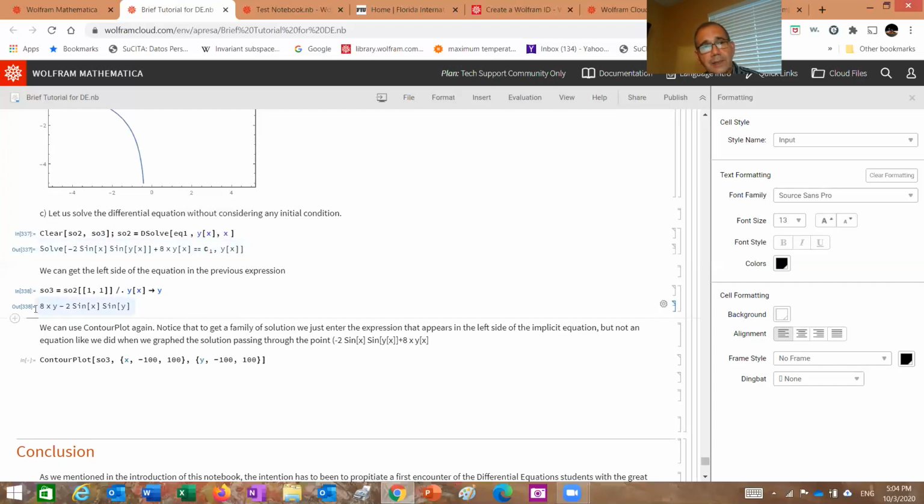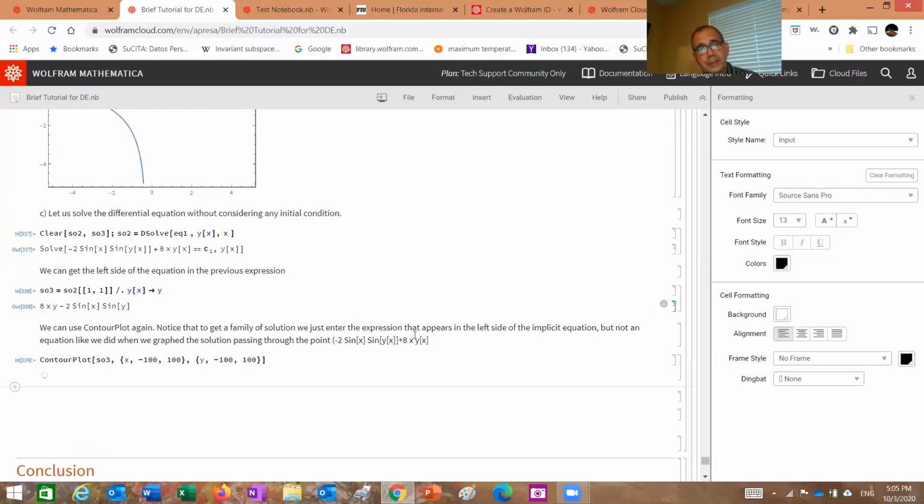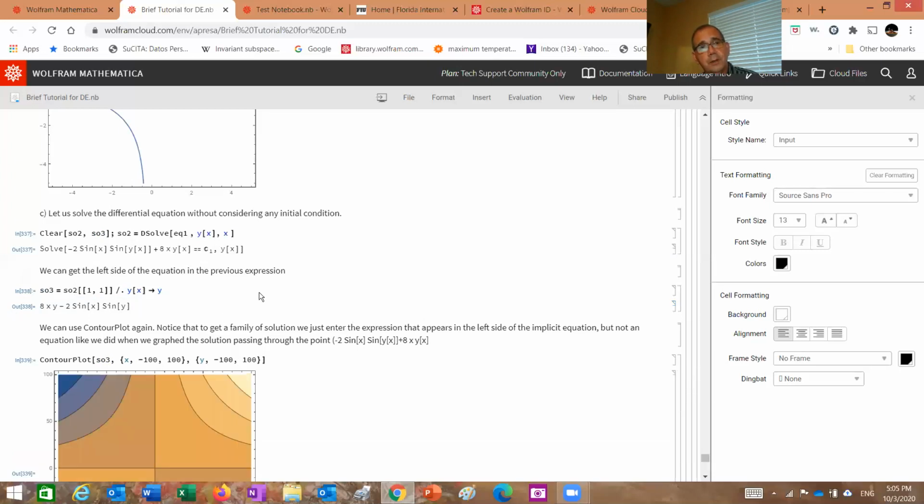And then if you want to find a family of solutions for which the left side of the equation is this and the right side is whatever constant, you can do it like this. ContourPlot. Notice that now we don't enter an equation, we enter only this expression that depends on x and y, and we enter the window. When you press Enter here, you get a family of solutions represented for different values of c.